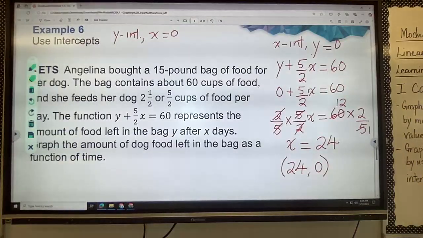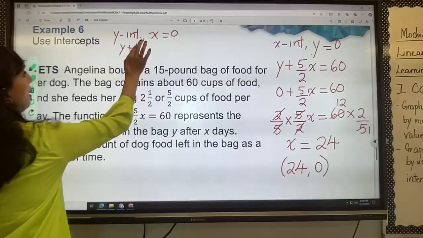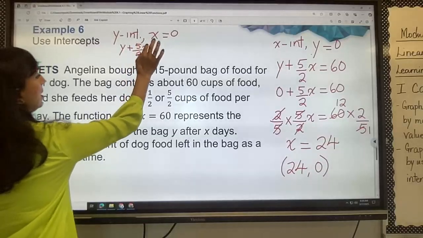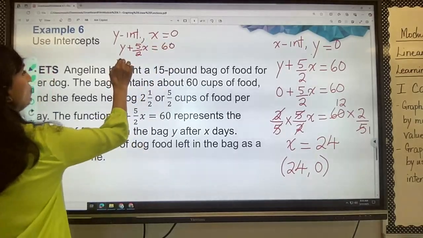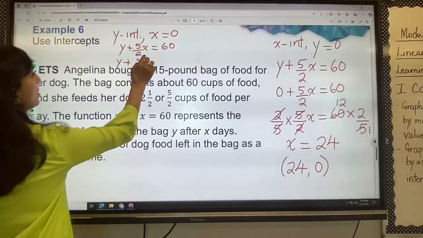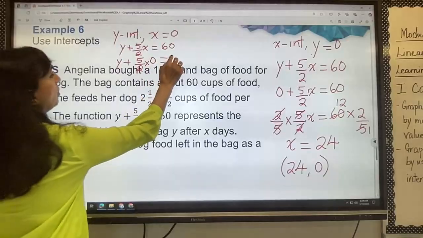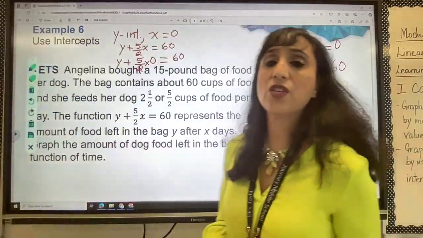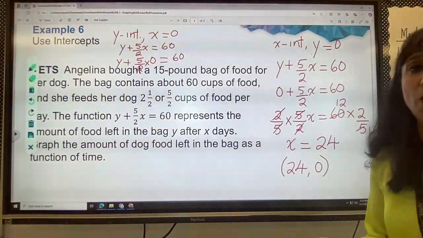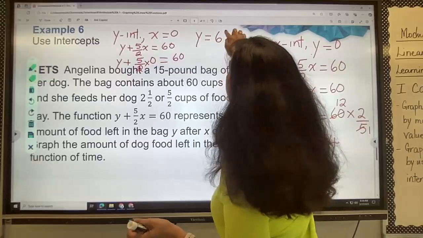So again, we're going to write out the original equation: y + 5/2x = 60. And so this is y plus, we substitute the value of x, times 0, is equal to 60. Anything times 0 is 0, so I'm left with y + 0 = 60, and so I get y is equal to 60.